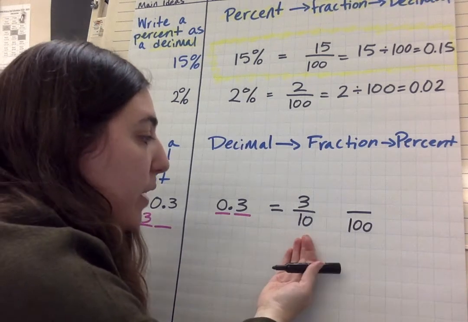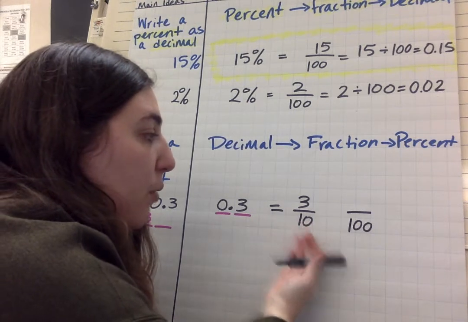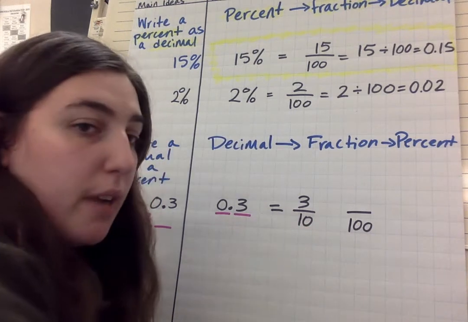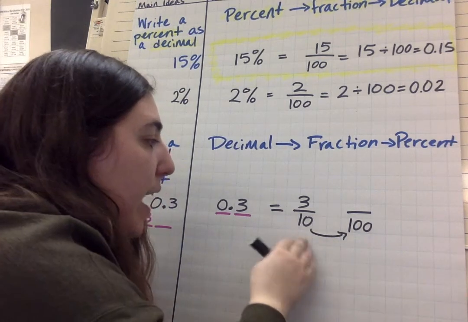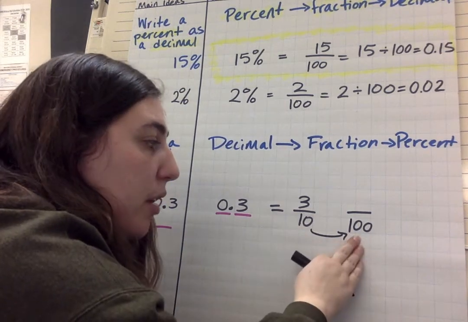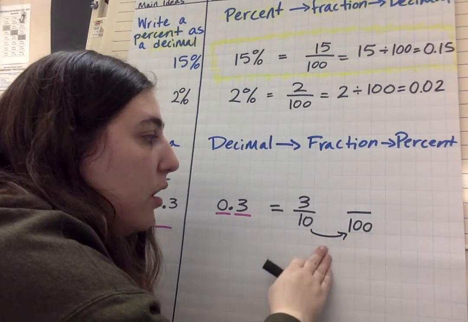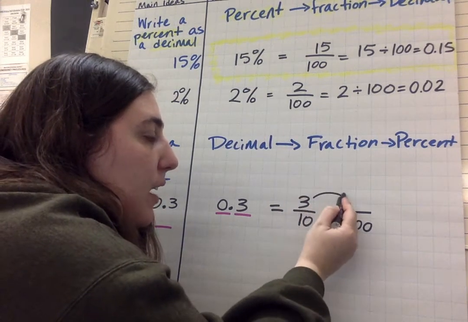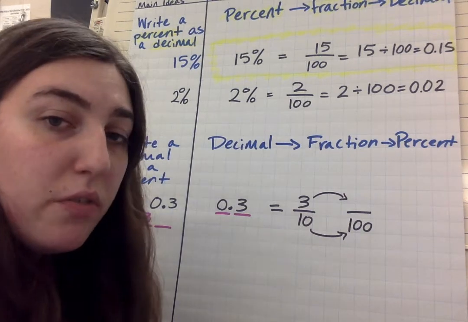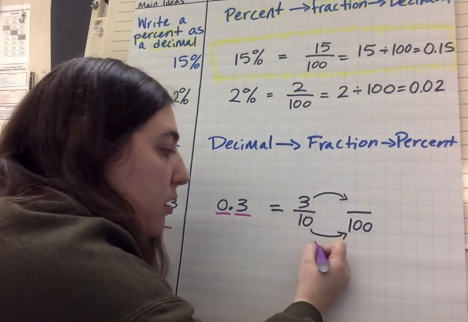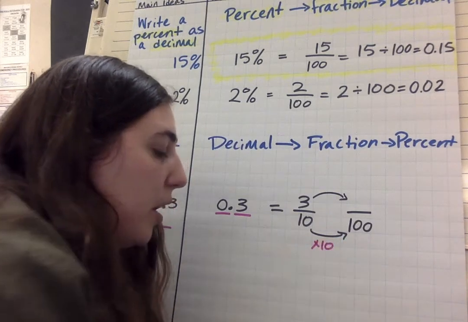We would have a ratio or a rate and we would try to find the equivalent ratio or rate. It's sort of the same thing we're doing here. We need to determine how we can get from 10 to 100.